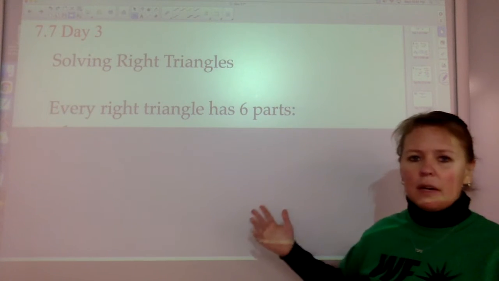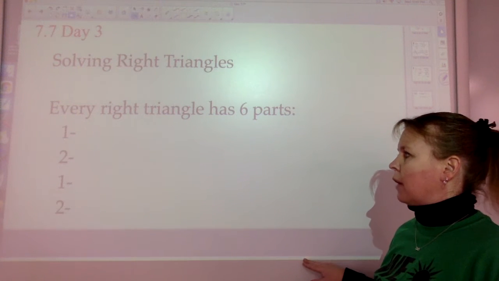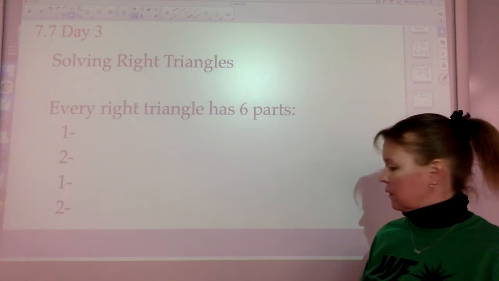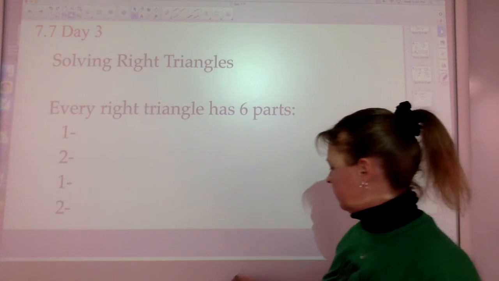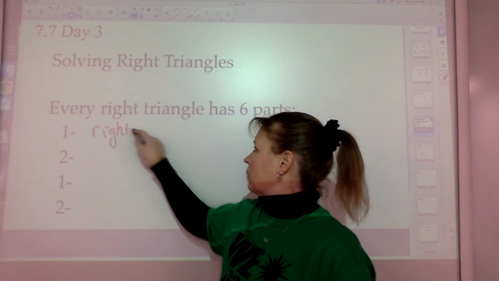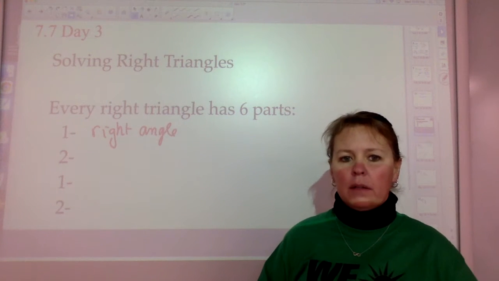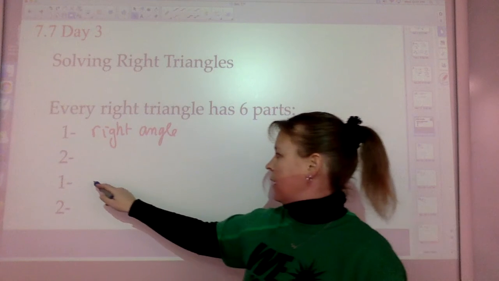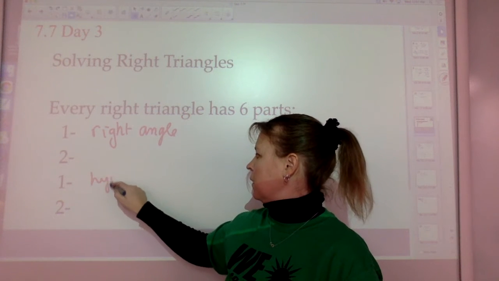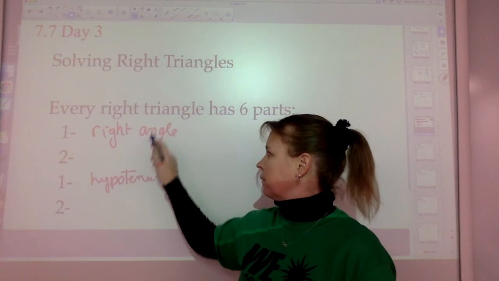I know you're thinking 3 sides to a triangle. 6 parts to a triangle. It has 1 right angle. Every single time it has 1 right angle, no matter what. And it also has 1 hypotenuse every single time, no matter what, because of that.